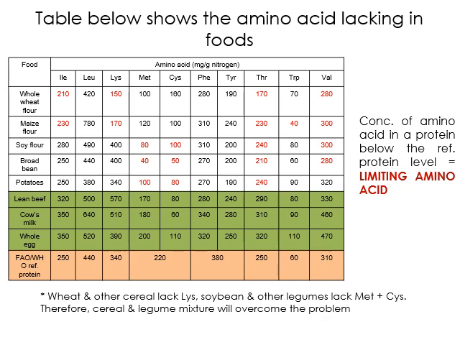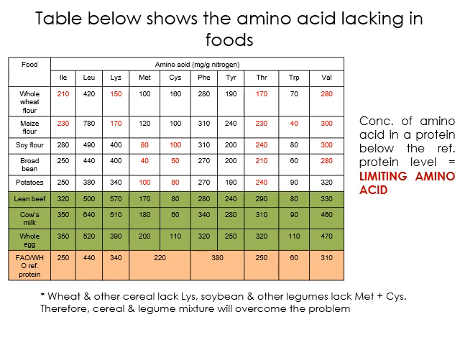But if you look at plant-based protein sources such as wheat flour, maize, soy flour, bean, and potatoes, they may have limiting amino acids where the amount of these essential amino acids is lower than the reference protein level. Okay, for example, wheat and cereal tend to lack lysine, whereas soybean and other legumes may be lacking in methionine and cysteine.